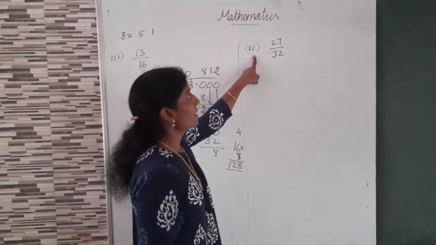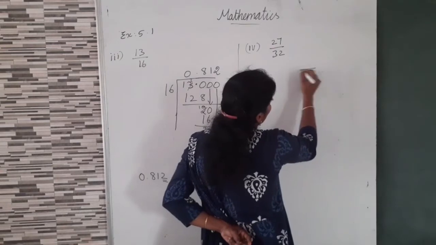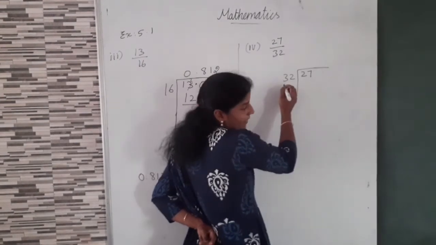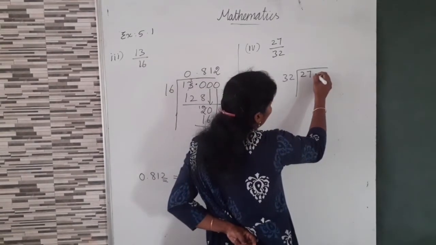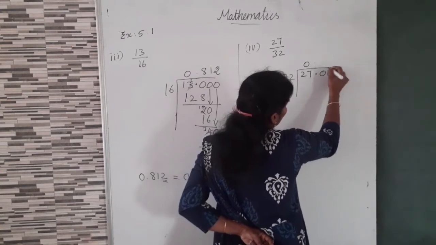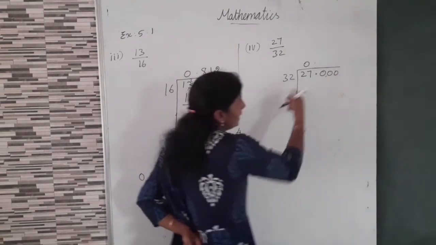Now fourth question, 27 by 32. Okay. 27 by 32. Now here 27 is less than 32. So we can put one decimal point. Here 0 point. Here we can add 2 or 3 zeros. Okay. Now here 32 how many times?